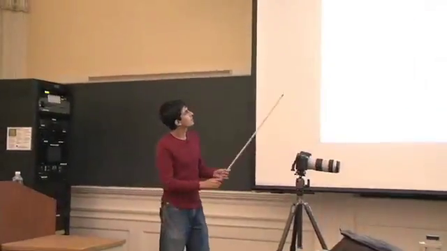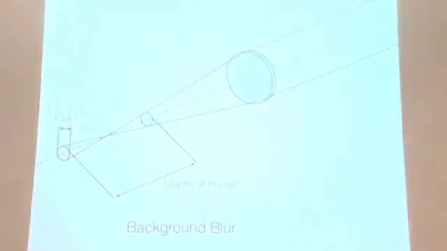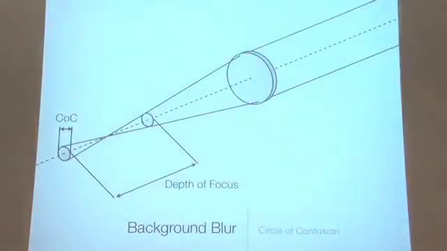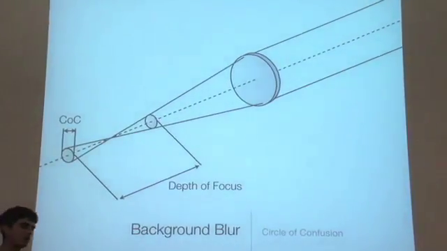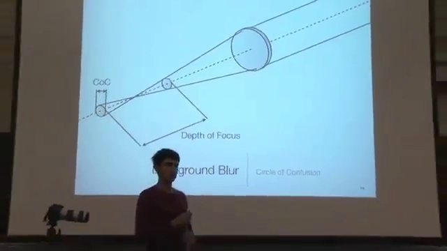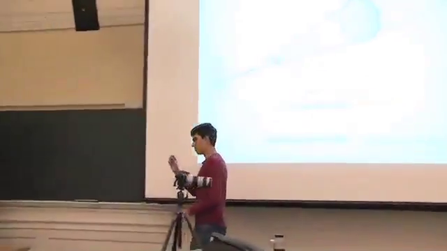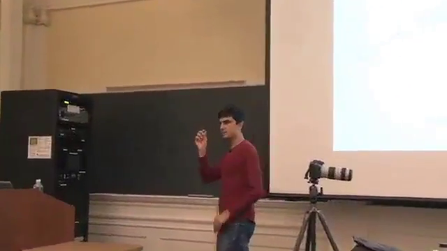I've marked here something called the COC, or what's called the circle of confusion. I really wish whoever came up with that didn't call it that, because I think it just helps make it more confusing. But you can think of this circle of confusion as being sort of the smallest little tiny pixel, so to speak, that is allowed for us to make something sharp.